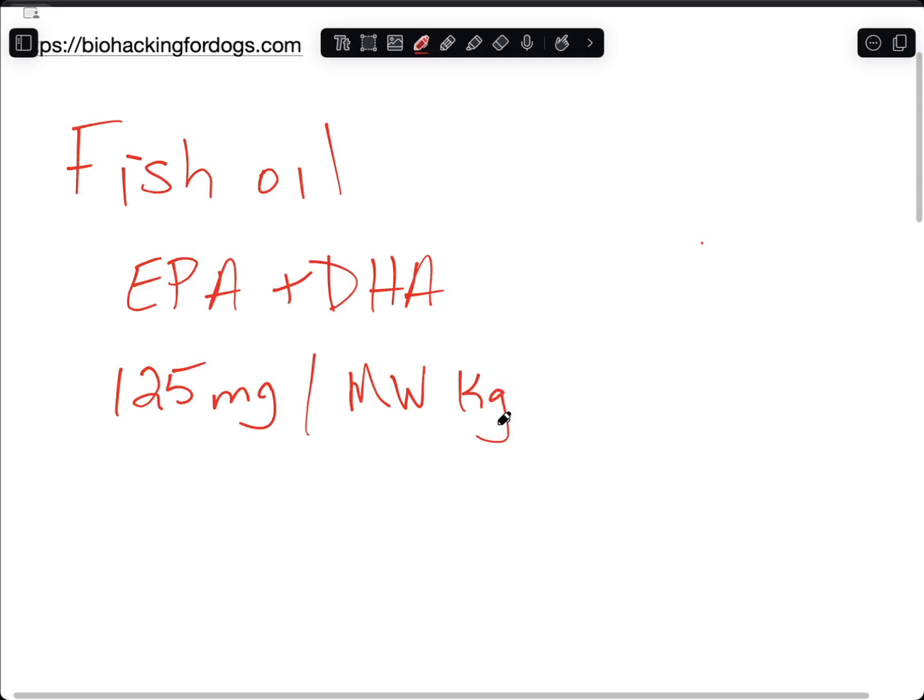Okay, so now what is that? Metabolic weight is for an animal, when you look at dosing for a dog, it isn't linear. It's not like you give more the bigger the dog is, because a lot of times you actually have to give less because their metabolism is a little bit slower than the little dogs.